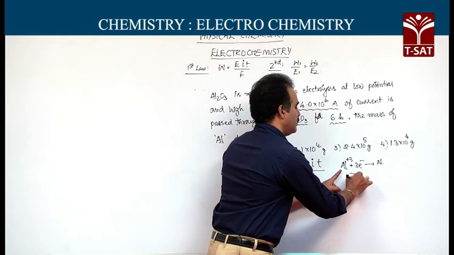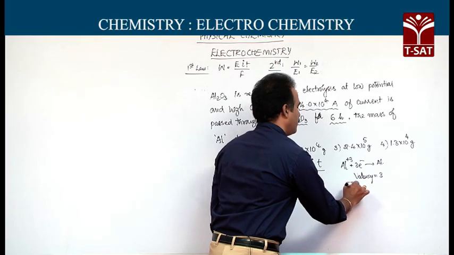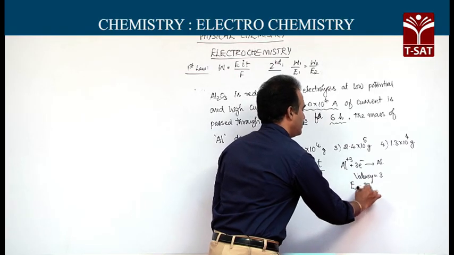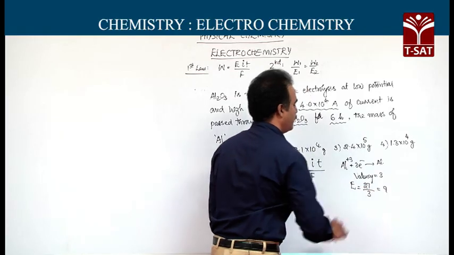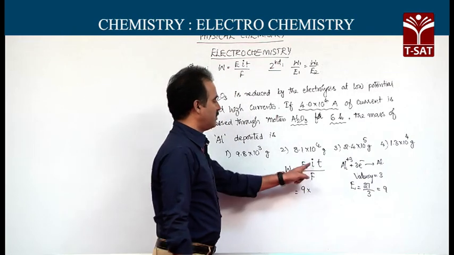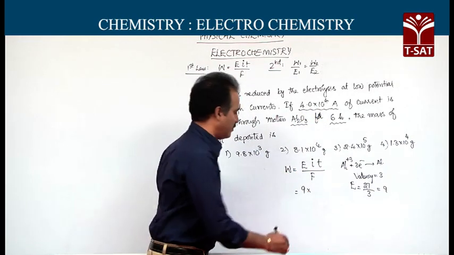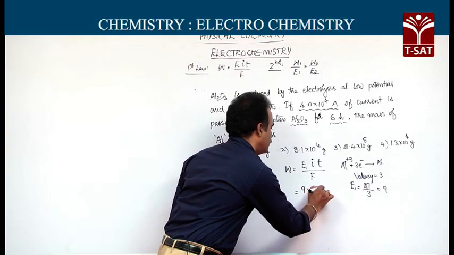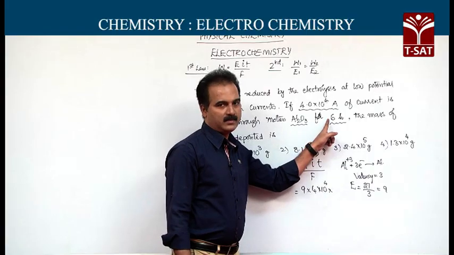So, the valency is 3. So, equivalent weight of aluminum is 27 atomic mass by 3, that is 9. So, we can substitute here 9 and the current strength in amperes, 4 into 10 power 4, and the time is 6 hours of electrolysis.